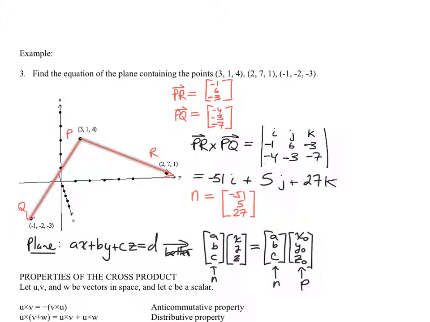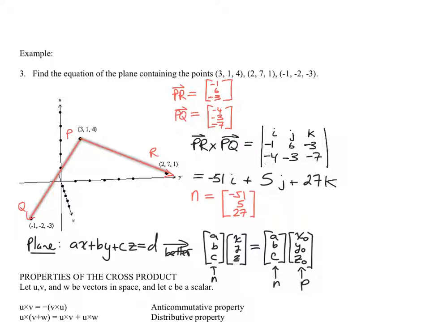It has to be the point that is used to generate the normal vector. All right. So it has to be a point on the plane as well as on the normal vector. So it has to be P. You can't just choose one of the other two. Now, if I pinned my two vectors at Q, for example, then I would use this coordinate, or this ordered triple. If I use R, so if I extended from R to P and then R to Q, then this would be the relevant point.